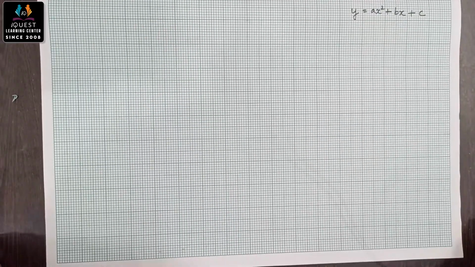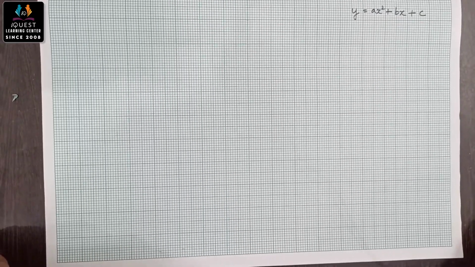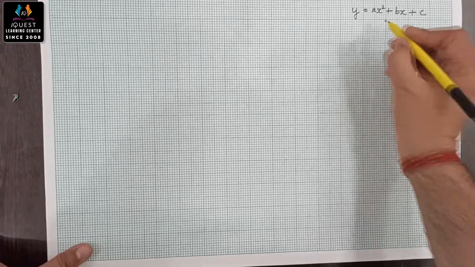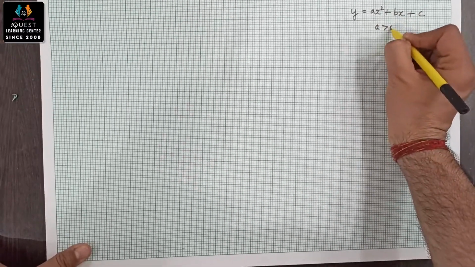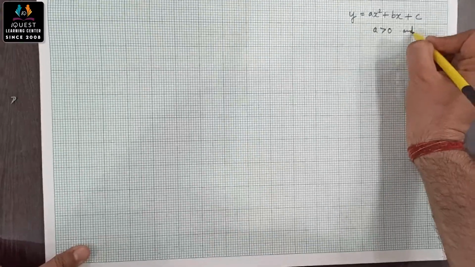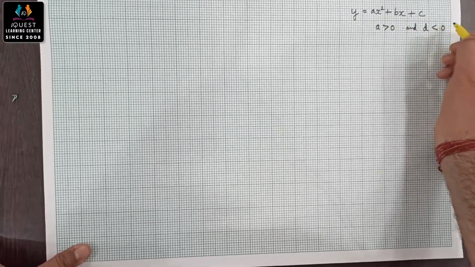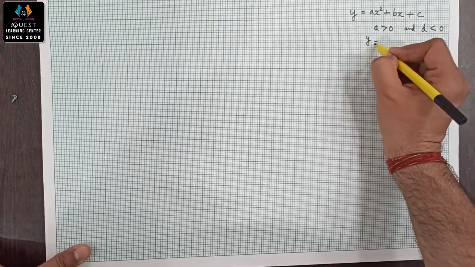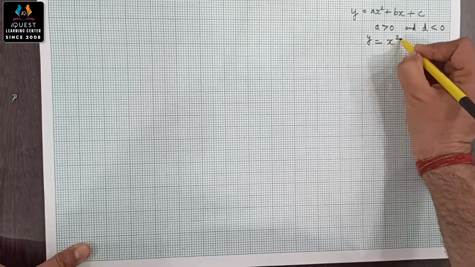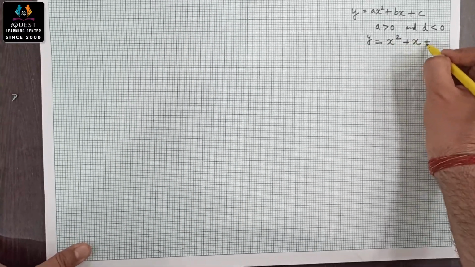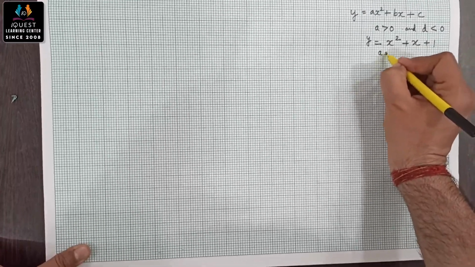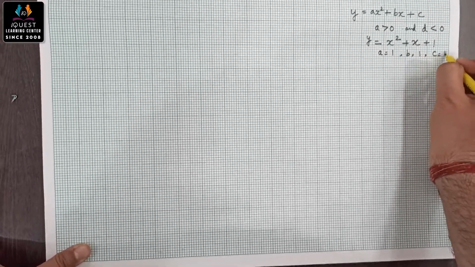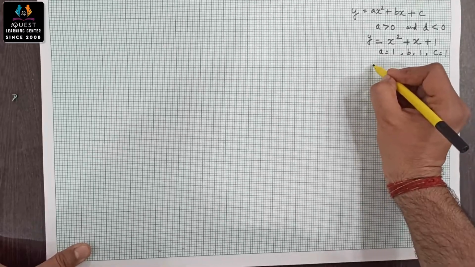Now we make another graph whose nature is reverse to the previous graph. For that graph, the condition will be a is greater than 0 and d is less than 0. To satisfy this condition, we have y is equal to x square plus x plus 1, in which a is equal to 1, b is equal to 1 and c is equal to 1. So find the discriminant.